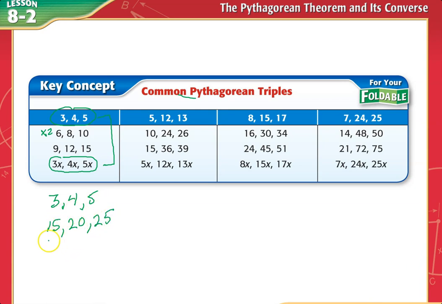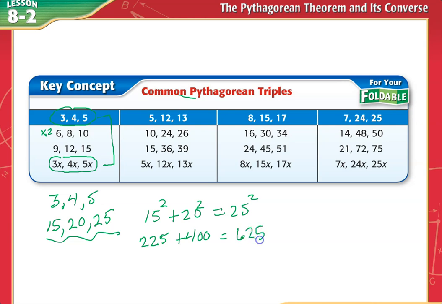What that means is these 3 sides could form a right triangle. 15 squared plus 20 squared should equal 25 squared. Let's check it out. 15 squared is 225. 20 squared is 400. And it works out that 25 squared indeed is 625. And it also works for these other Pythagorean triples. But the most commonly used one is 3, 4, 5.